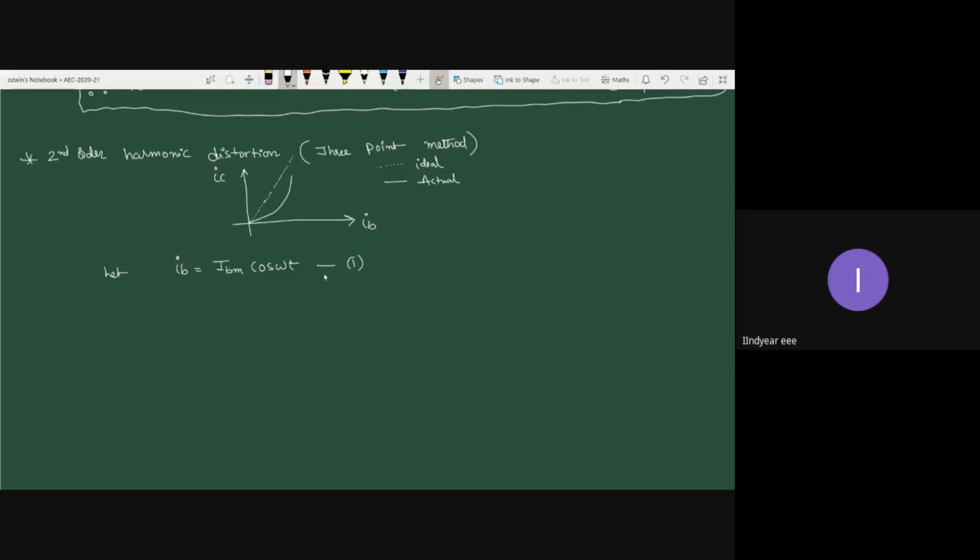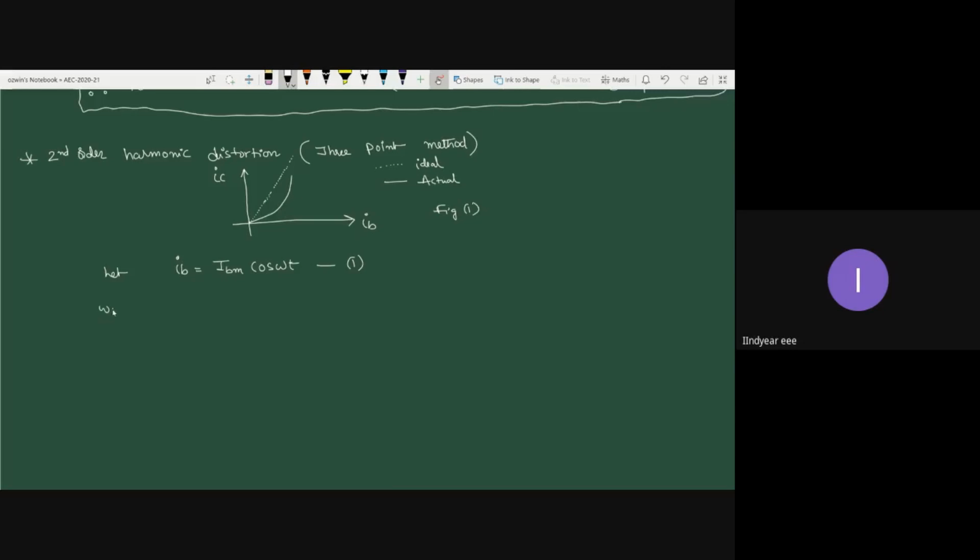It will not affect your calculation because the cosine function is nothing but a time displaced sinusoidal function. So mathematically no harm done. So for the sake of simplicity, I assume the base current IB as IBM into cos omega t. This is figure 1.